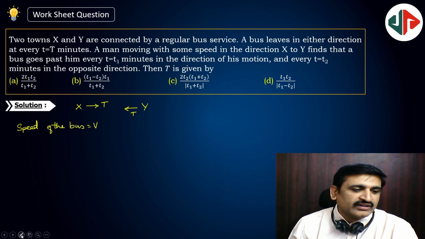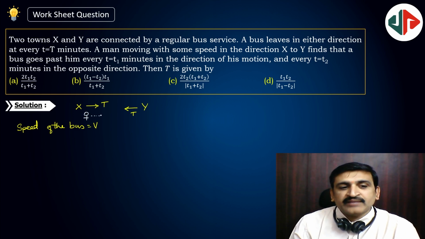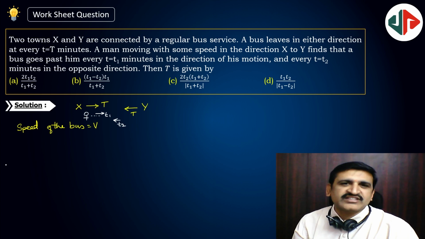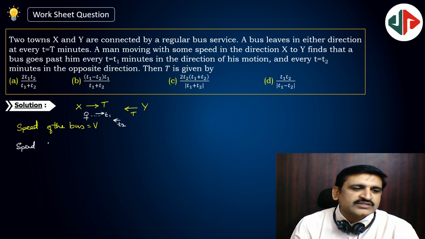Now, a man is moving in this direction, and after time t1 one bus is crossing. After time t2 another bus in the opposite direction he is facing. So keeping these two in mind, the speed of the man is equal to Vm.